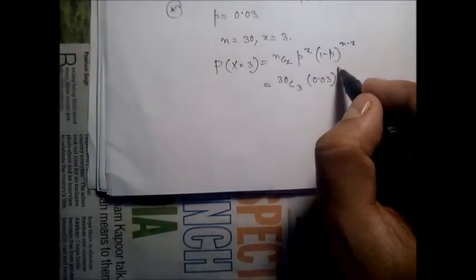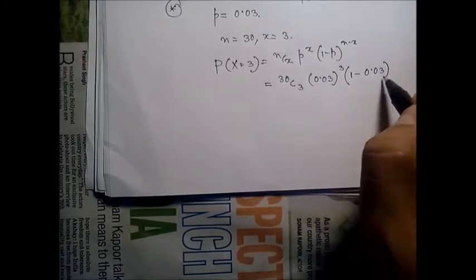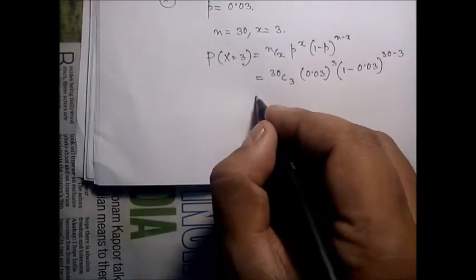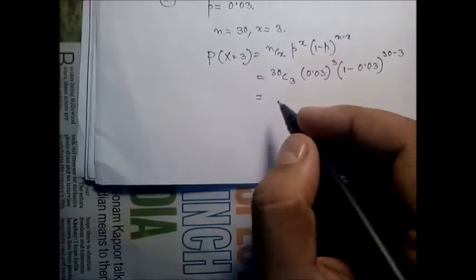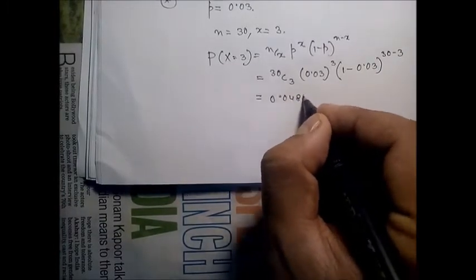What is p? p is 0.03, so 0.03 to the power x, x is 3, times (1 minus 0.03) to the power n minus x, that is 30 minus 3. If you solve it, you get the value 0.0481. So this is our first problem.